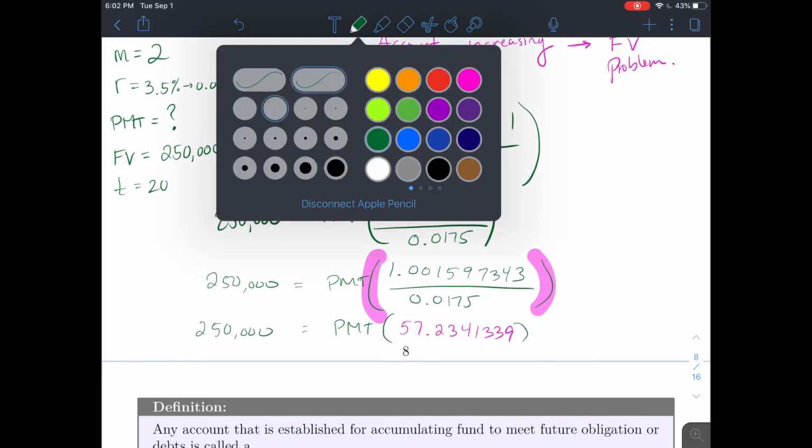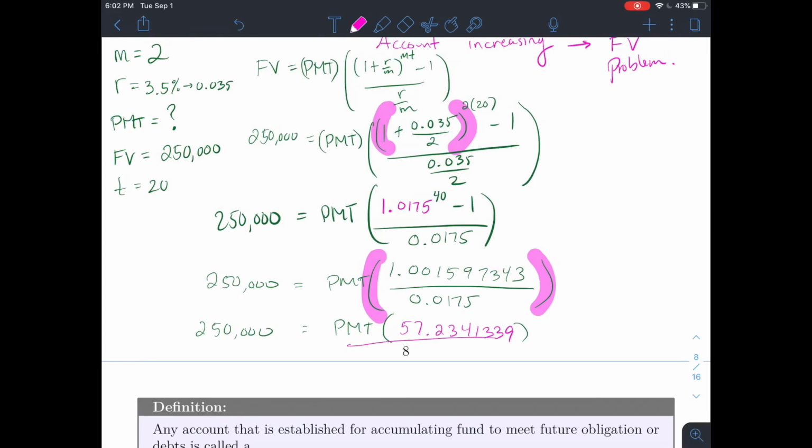Alright, and then our last step for solving this, we're just going to divide both sides by 57.234139 to isolate PMT. Cancel, cancel.